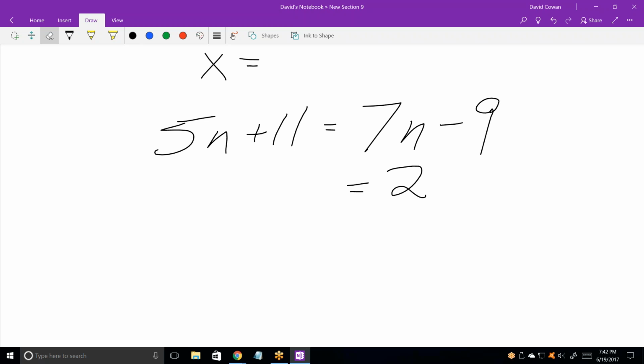The first thing you have to ask yourself is, which side am I going to move the variable to, and which side am I going to move the numbers to? Because that's always what you want to do, is you want to gather like terms. And you want to put the variables on one side of the equation and the numbers on the other. And it really doesn't matter which side you put them on. The key, if you want to cut down on mistakes, the key is to make sure you have a positive coefficient in front of the variable.